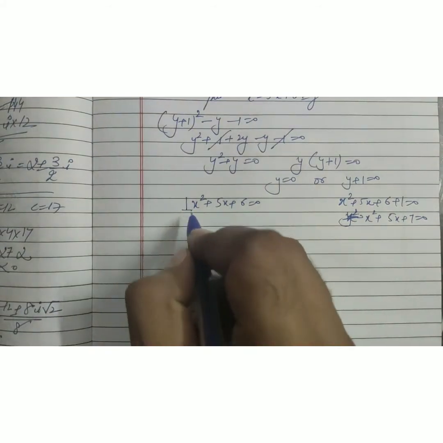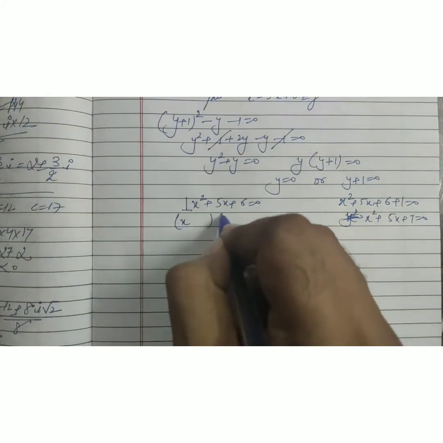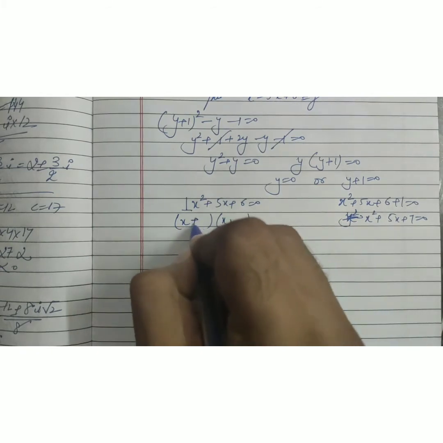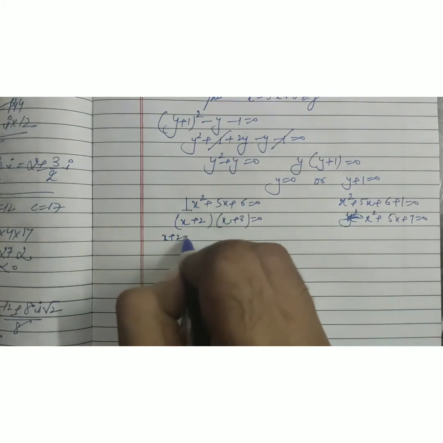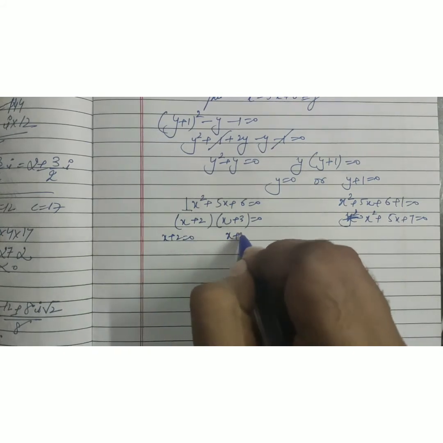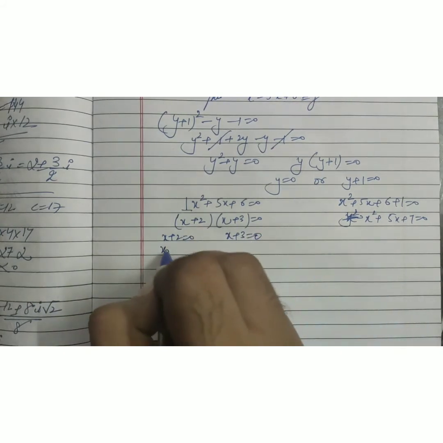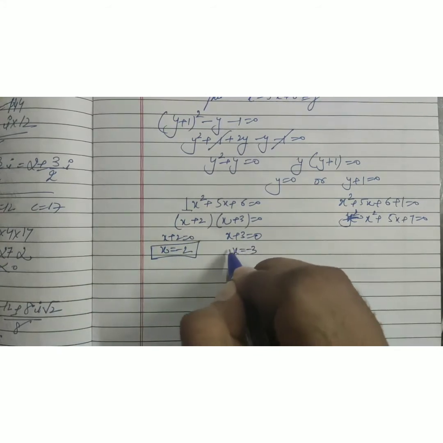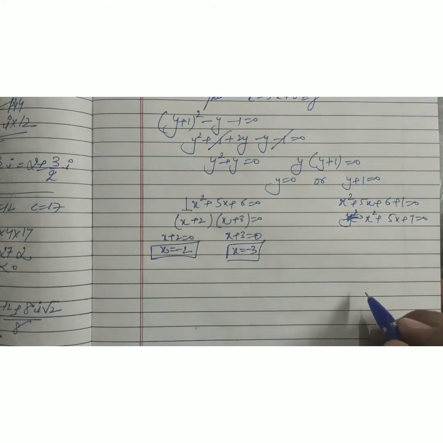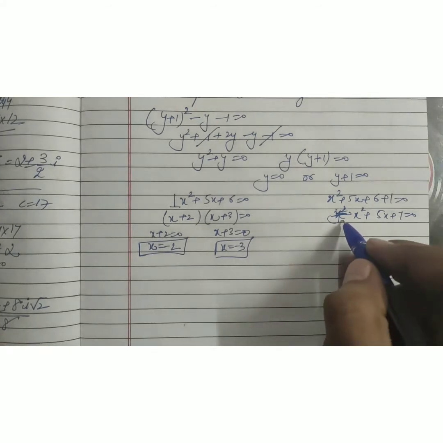If the coefficient of this term is 1, we can make direct factorization. Here factors are minus 2, minus 3, either first term 0, otherwise second term 0. From here the value of x comes out 2, from here the value of x comes out 3.